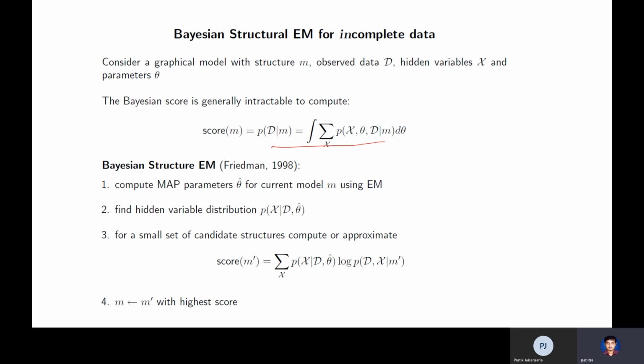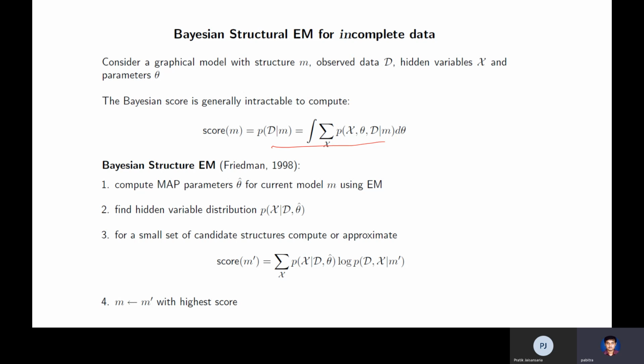For a small set of candidate structures M prime, you compute or approximately compute the score, adding up over all the possible values of the hidden variable, weighted by their probability distribution.